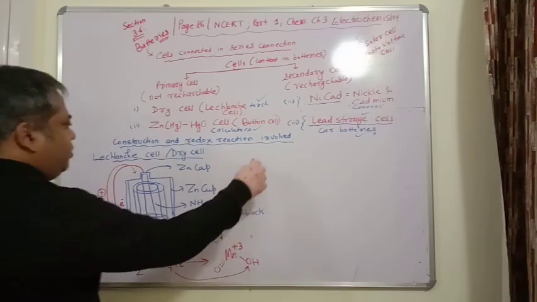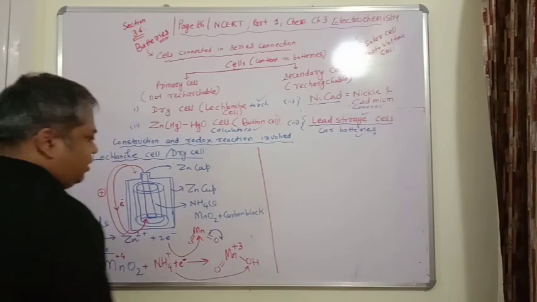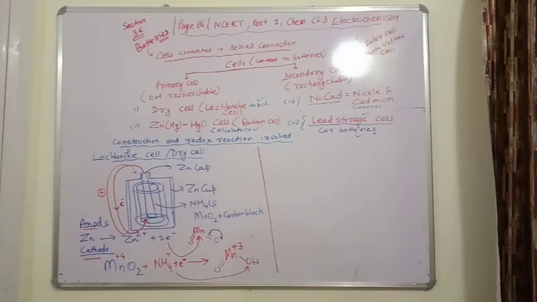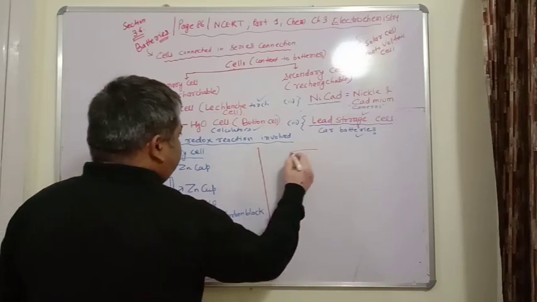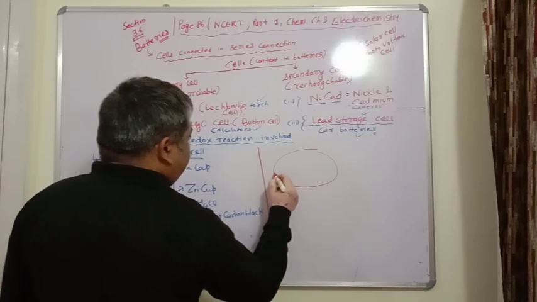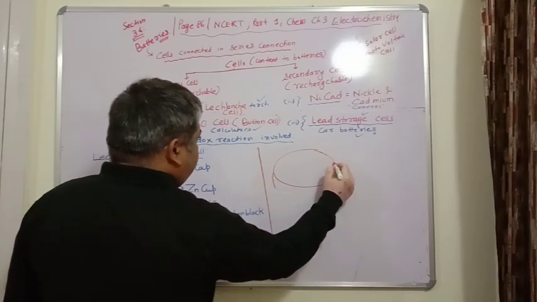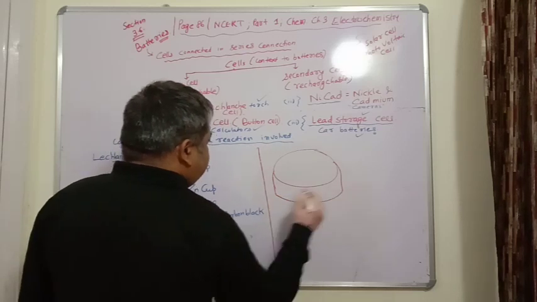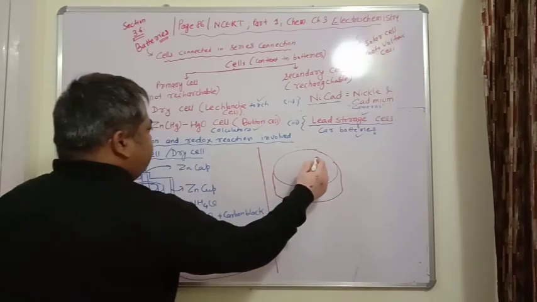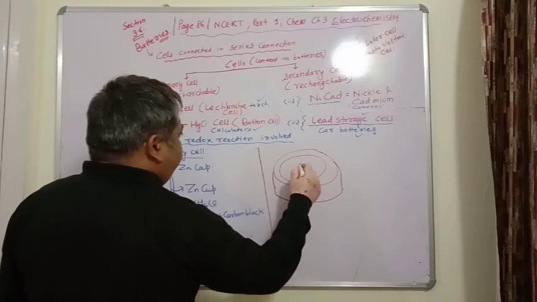Now how a button cell works. The button cell you might have seen inside the calculator or inside your digital watches. It is just like a button. So it looks like this. Inside this there are two layers.